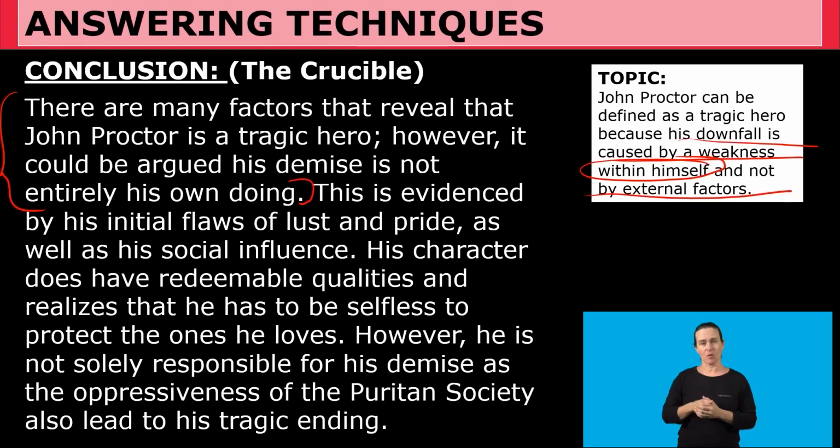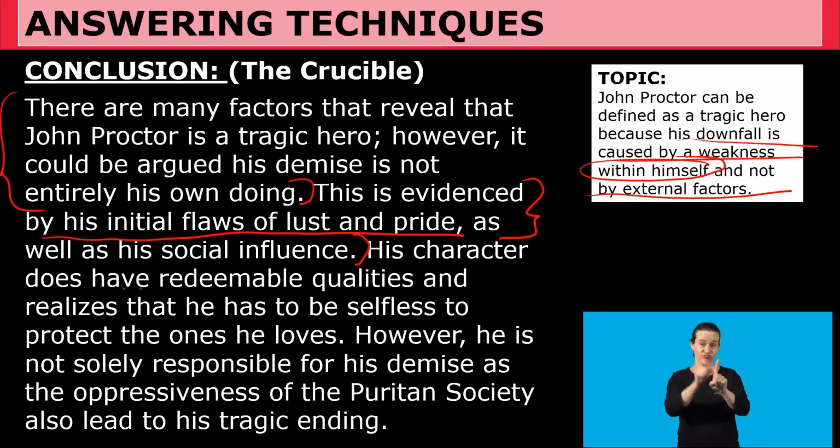We are saying that his demise is not only his own doing. This is evidenced by his initial flaws of lust and pride, as well as his social influence. So this is what we discussed in our first body paragraph, right? So it's a summarization of what we discussed in our first body paragraph.